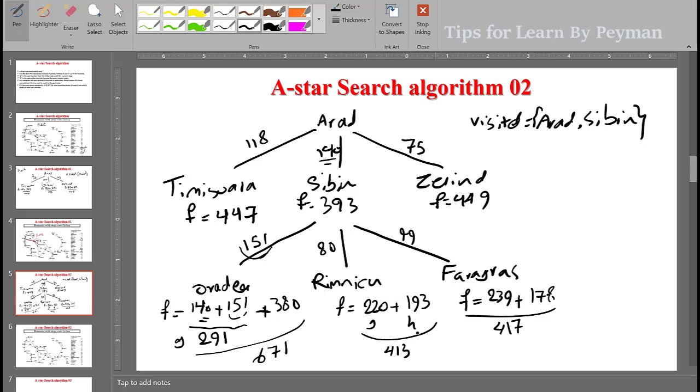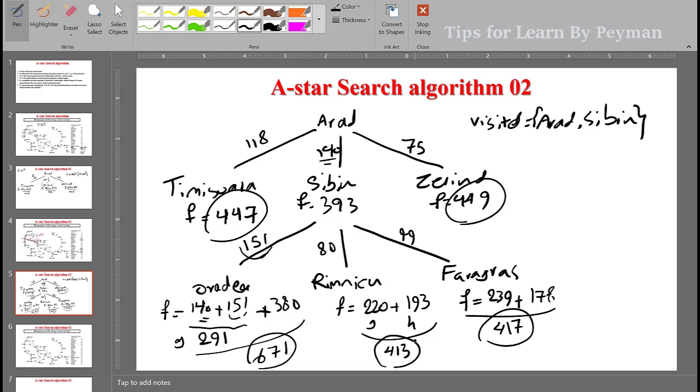So as you can see, we visit Arad, CBU. We have opened here, and we should choose between these values: 447, 449, 671, 413, 417. Which one is the lowest?